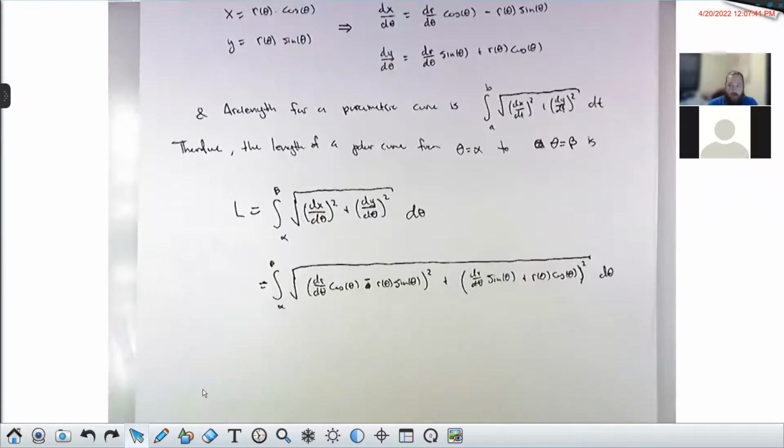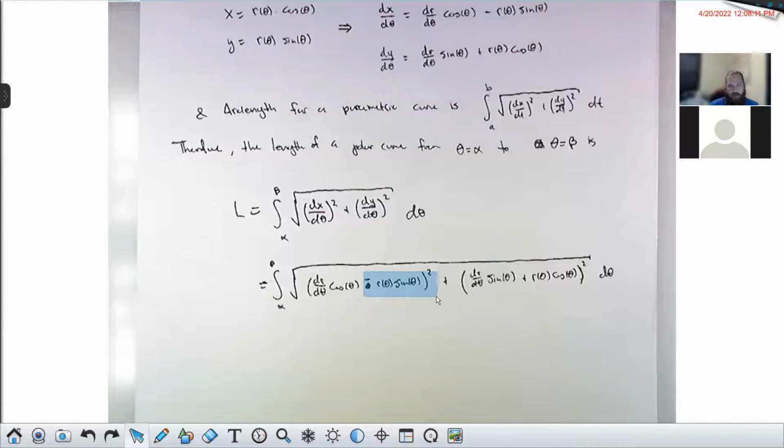Now let's imagine you FOIL both of these out. From the first guy, you'd have dr d theta squared times cos squared theta. From this guy, you'd have dr d theta squared times sine squared theta. Put those together and you have dr d theta squared times cos squared plus sine squared, which is 1. So there's going to be a dr d theta squared under there.